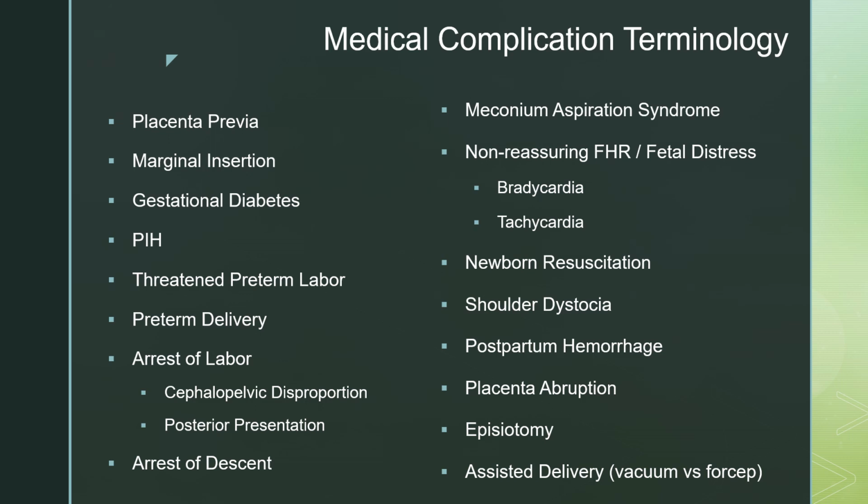The common reasons for arrested labor, meaning the labor has stopped or slowed down, have to do with cephalopelvic disproportion. It's a fancy medical term meaning the baby's head is supposedly too big to fit through the pelvis. And then posterior presentation: the baby is asynclitic, meaning it's turned a little bit, or posterior, meaning it's sunny side up, so it's just got a larger diameter of the head to try to fit through the pelvis.